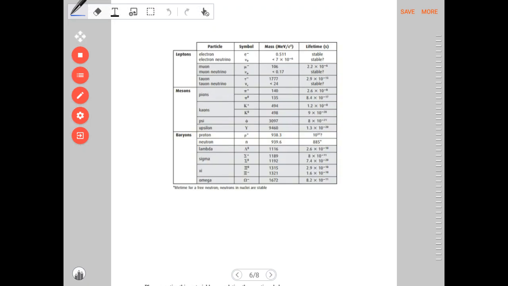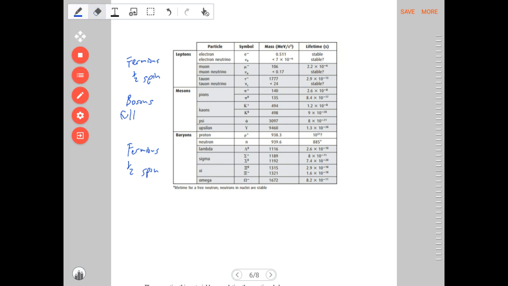So we have leptons, mesons, and baryons. Leptons are the fermions, as in a half integer spin. Baryons are also fermions with a half spin. Mesons are the bosons with the full spin.